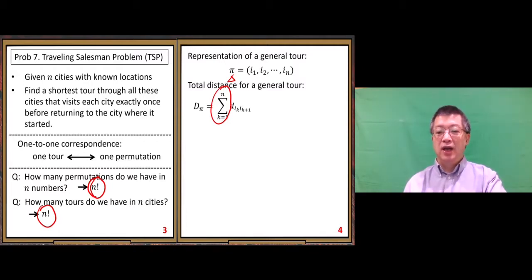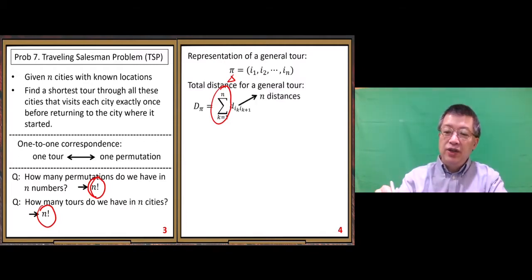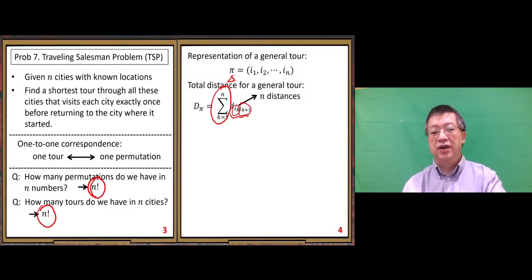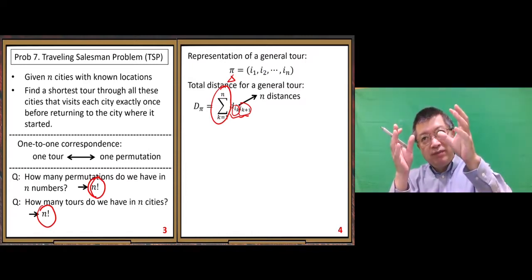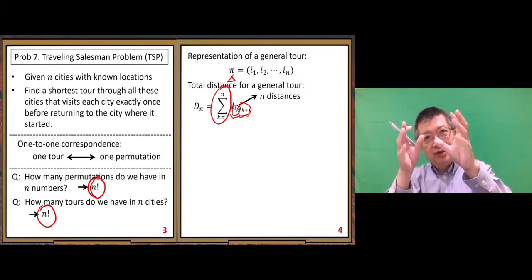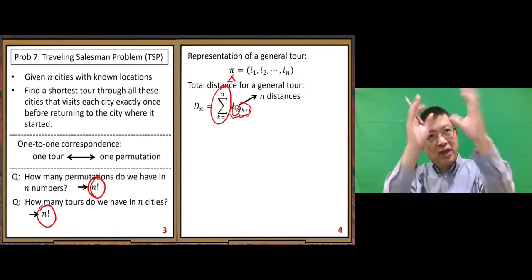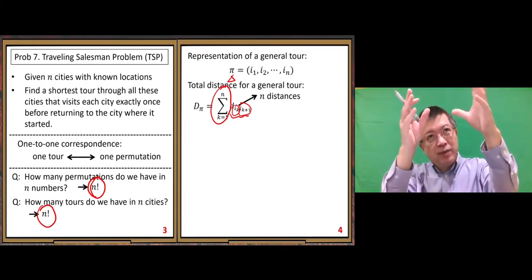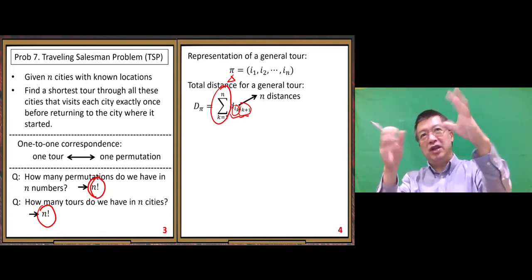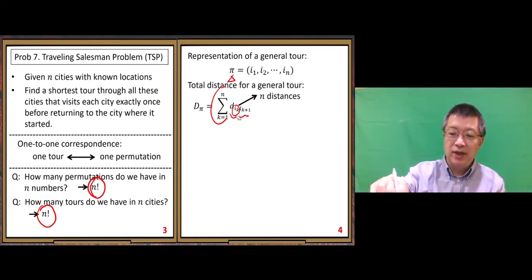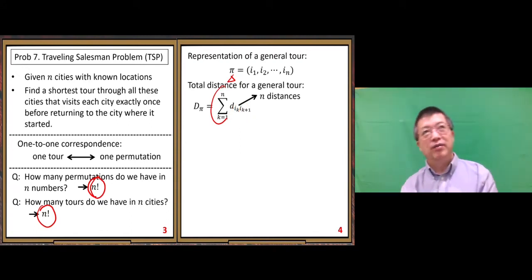Here, each d is the distance between city i_k and i_(k+1). You can see our notation is pretty complicated: subscript of subscript. d has a subscript, and its subscript has another subscript. That's why it is a little complicated.